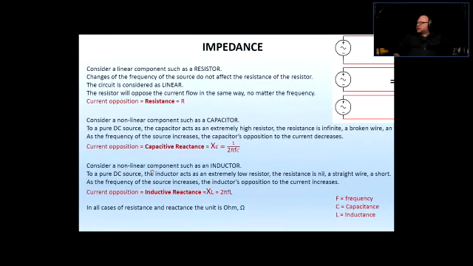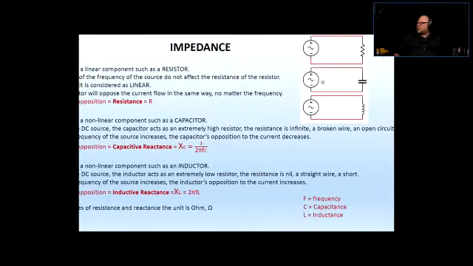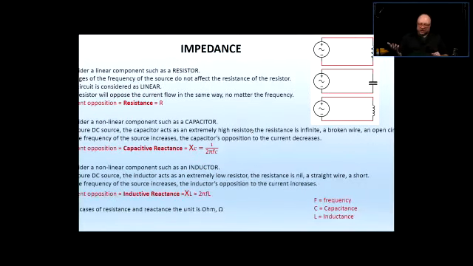Now let's consider a nonlinear component such as an inductor. Right? To a pure DC source, an inductor acts as an extremely low resistor. So it's just the opposite of the capacitor. What's an inductor? Inductor is basically a piece of wire wound in a coil.